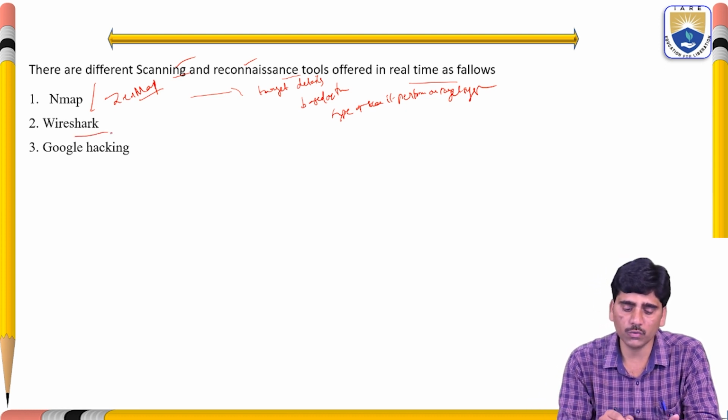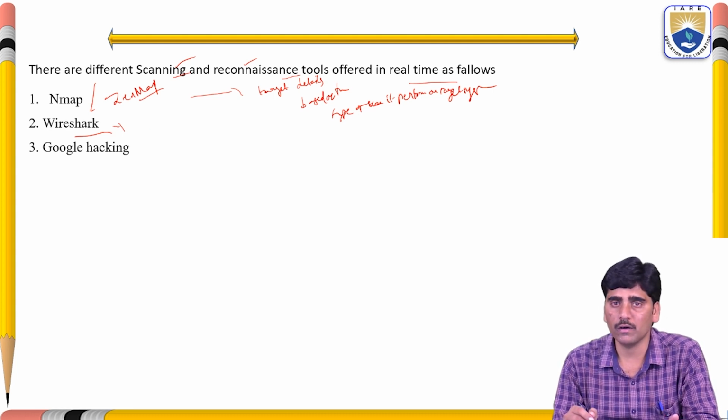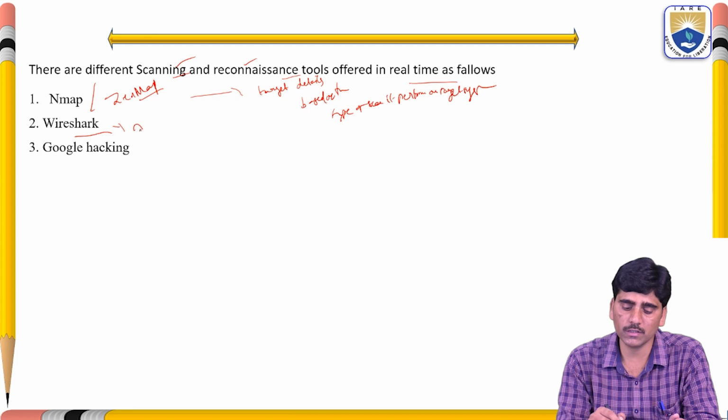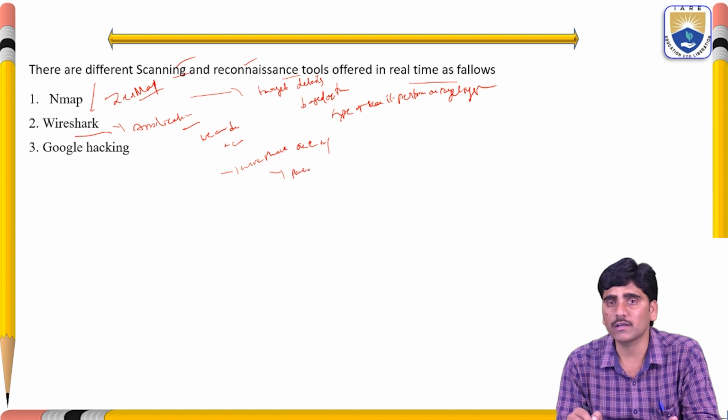And the Wireshark tool also. Wireshark is also one type of application software. We can download it and install it. The Wireshark tool is also a scanning and reconnaissance tool, especially for packet crafting techniques.